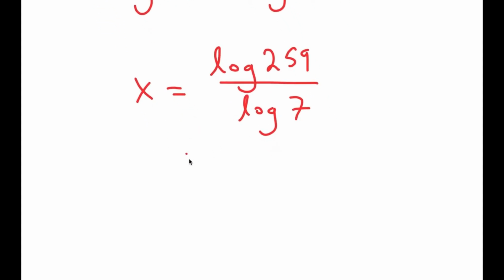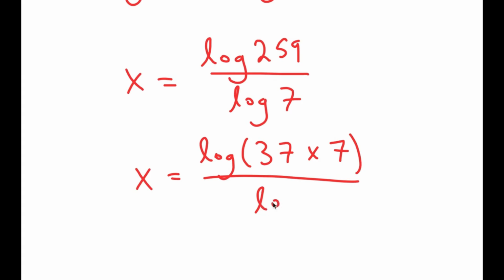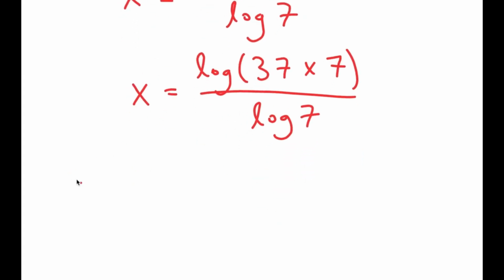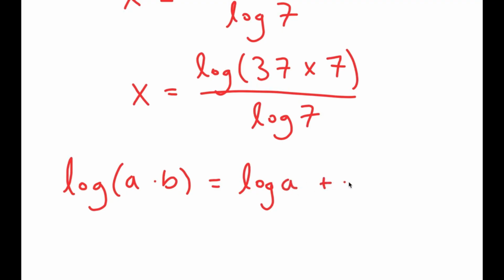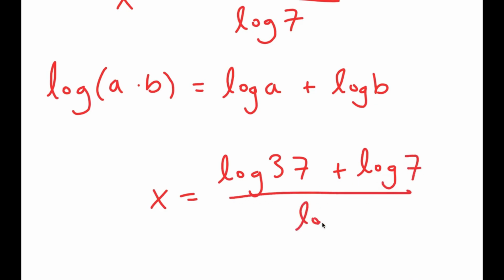And log of 259, I can rewrite that as log of 37 times 7. Now another helpful property of logarithms is that if I have something in the form log a times b, this is equal to log a plus log b. So in this case, log of 37 times 7 turns into log of 37 plus log of 7, over log of 7.